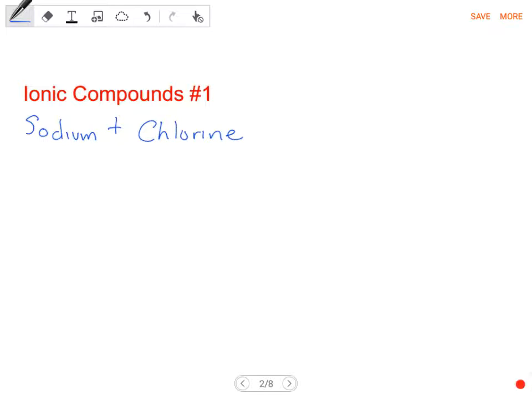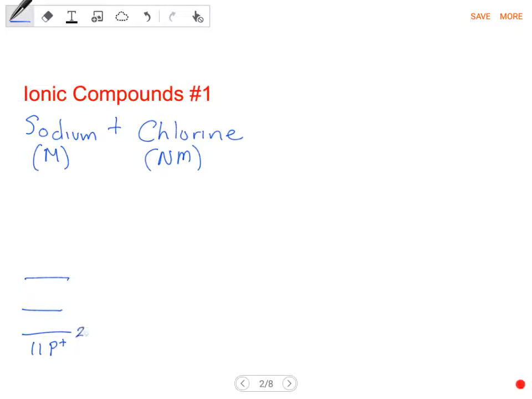So here's what we're going to do. We have a metal. We have a non-metal. Let's do the 2-8-8 rule of both of these. So sodium, as you know, let's look at the atomic number. Sodium has 11 protons. Let's put the electrons above.